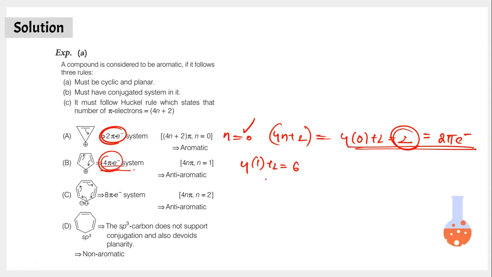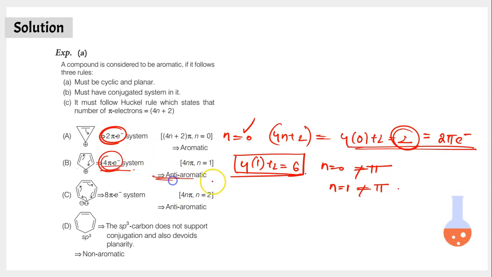So is that acceptable? No, it is not acceptable. This is not acceptable because when I solve the equation with n equal to 0, it was not equal to the pi electrons of the molecule. When I solved the equation with n equal to 1, it was also not equal to the pi electrons in the molecule. So this is not aromatic. This is something else called anti-aromatic, but in the first place it's not an aromatic molecule.